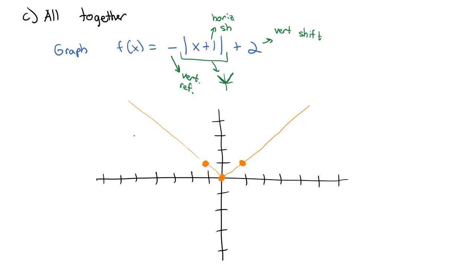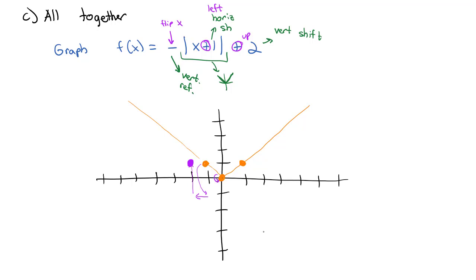We know we're going to shift horizontally left 1 because of the plus, and up 2 because of the plus at the end. And we know that we have to flip it over the x-axis. So this first point on the left is going to flip over the x-axis. Then it's going to shift left 1. Then it's going to shift up 2. Its new point is right here at (-2, 1).